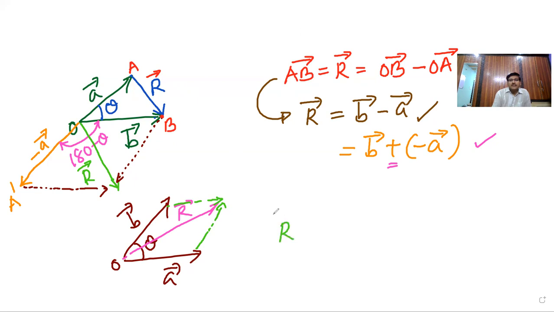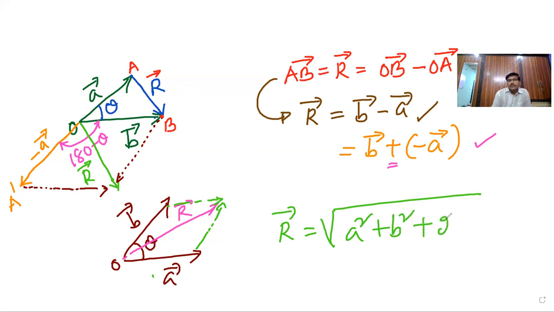Resultant R bar is given as square root of first vector magnitude square plus second vector magnitude square plus 2AB, magnitudes of first vector A and second vector B, and cos of the angle between them, theta.